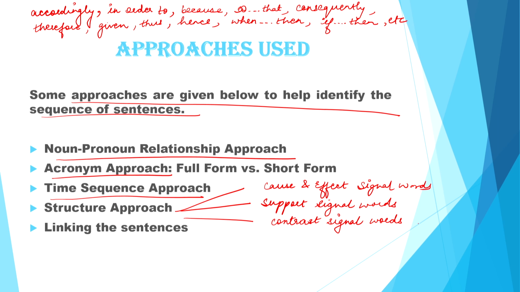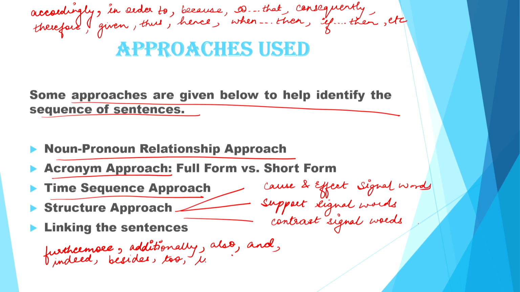So, some examples of such words are, let me write it down: furthermore, additionally, also, and, indeed, besides, to, likewise, moreover, and so on.